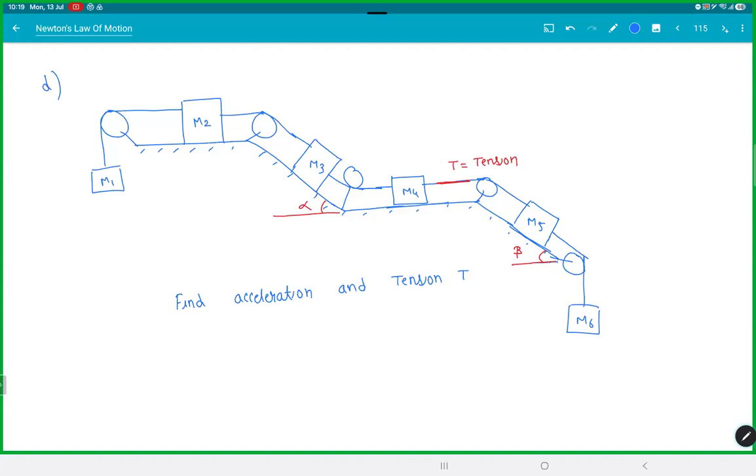If you don't know this net force method, this thing will look like a monster. But if you know your net force method, it's actually doable. Without writing an equation, you can see and tell the answer.